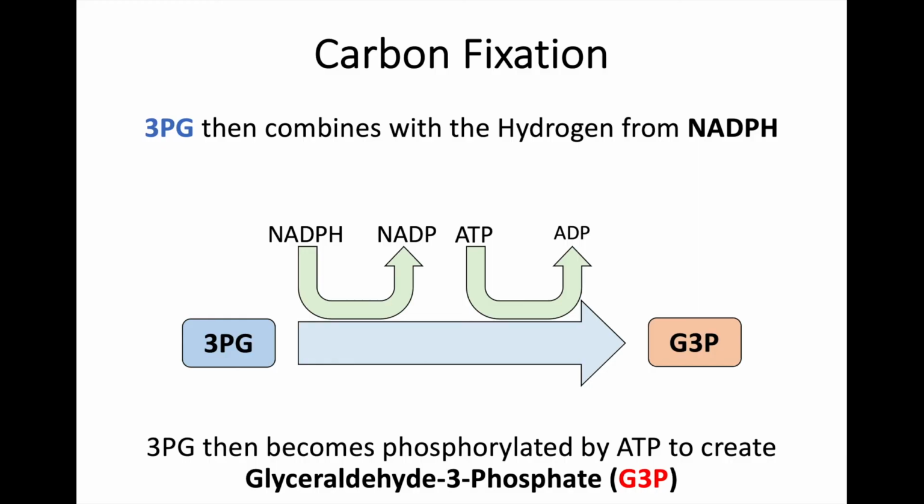And hopefully remember, phosphorylation is where that inorganic phosphate from ATP is provided, resulting then in ADP, adenosine diphosphate, leaving. So the 3-PG has effectively been given a hydrogen, and it has been given a phosphate. And what it's now done is this has created a molecule called G3P. So G3P is what we want to get at basically at the end of this process. So again, 3-PG, adding a hydrogen, adding a phosphate, we now have G3P.